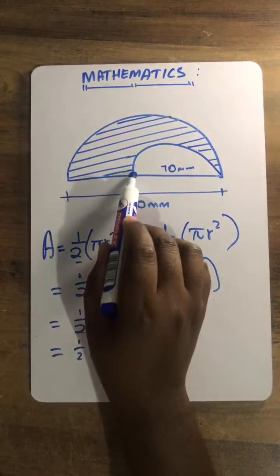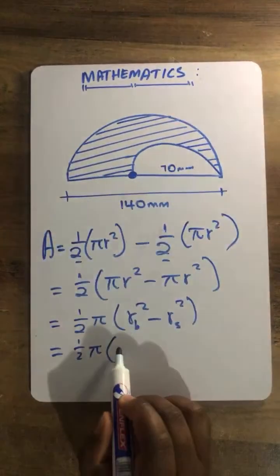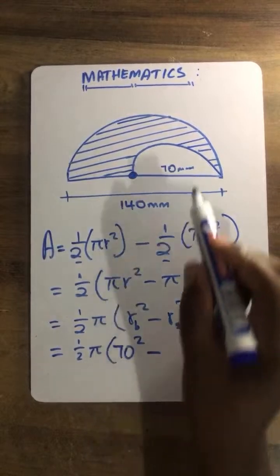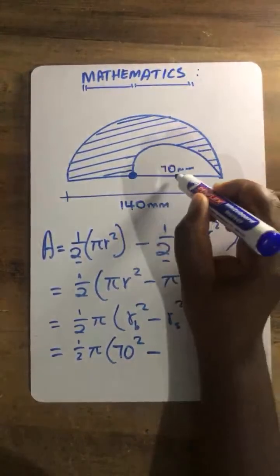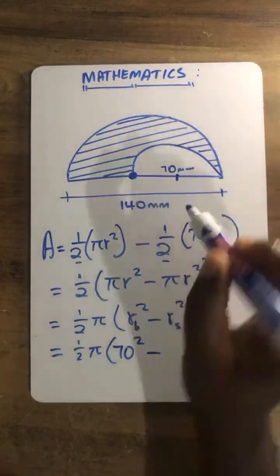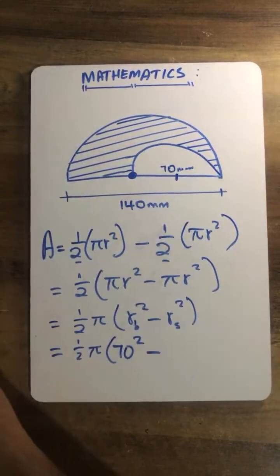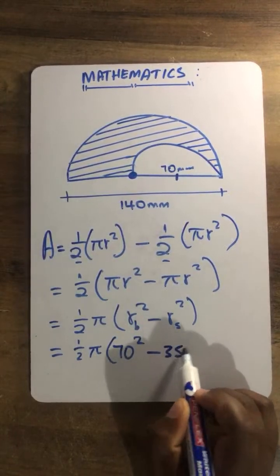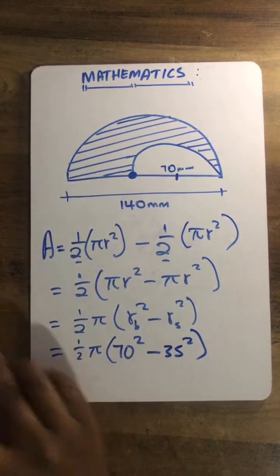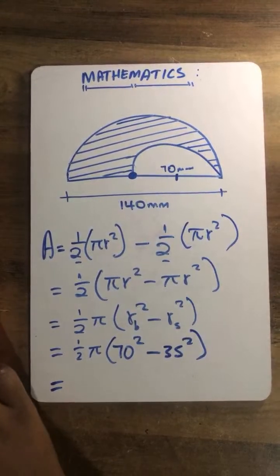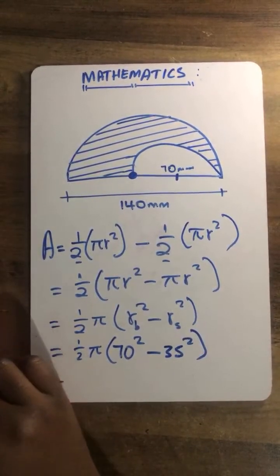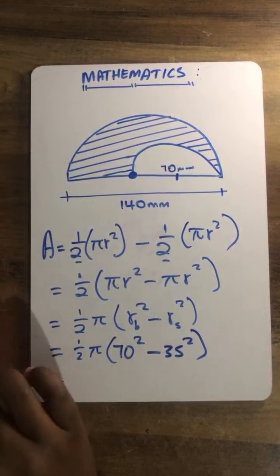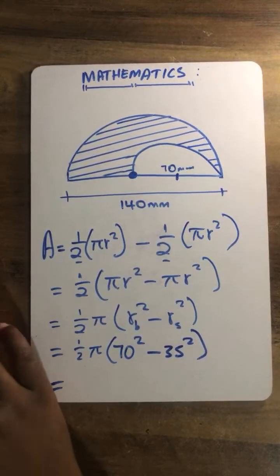The radius of the bigger one is 70 squared, minus the radius of the smaller one, which is half of that 70. So this is 35, so it is 35 squared. So let us see, 0.5 pi into 70 squared minus 35 squared.